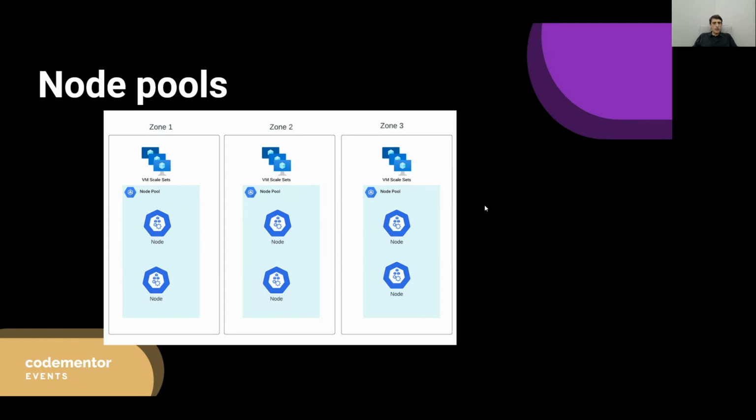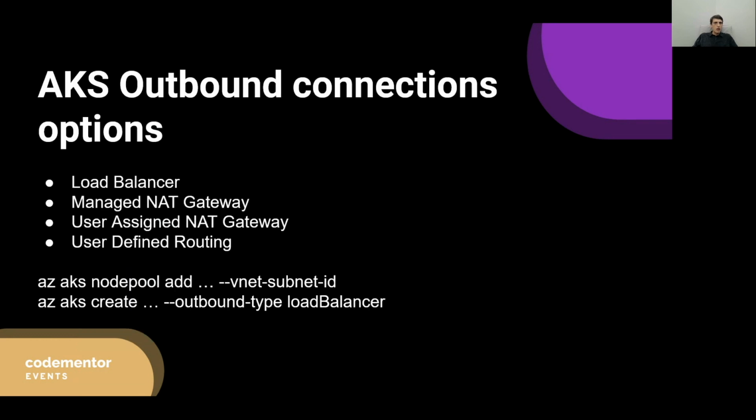To understand why it can be beneficial for us, we should dive into Azure Kubernetes networking a little bit, and especially into outbound traffic. There are effectively 4 options for how outbound traffic from Kubernetes can be configured in Azure. The first option, load balancer.